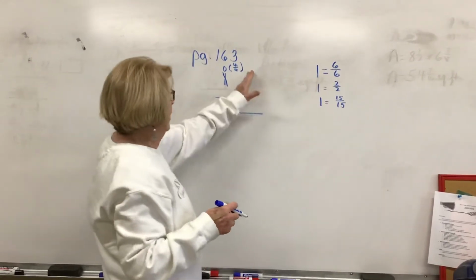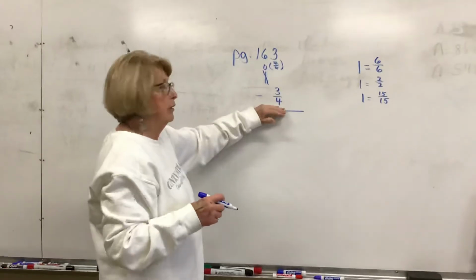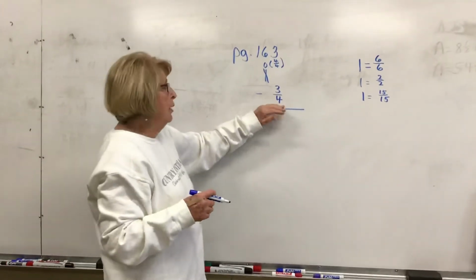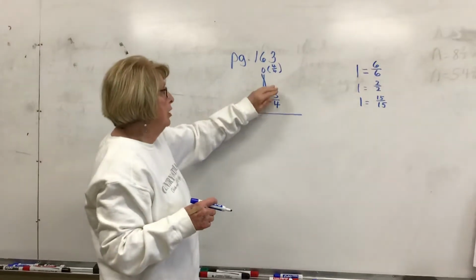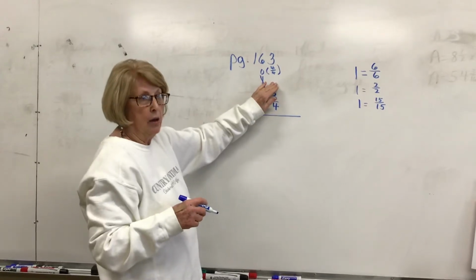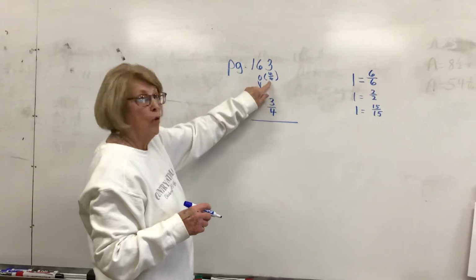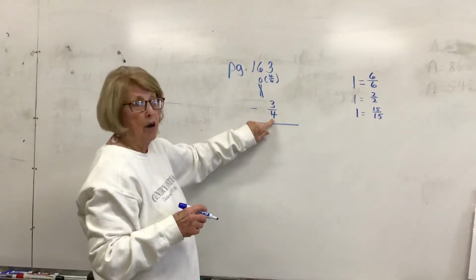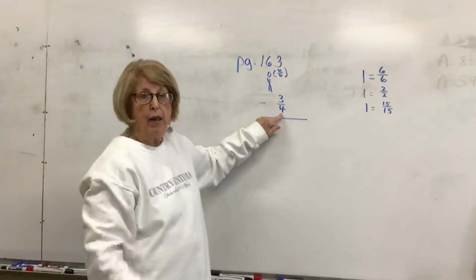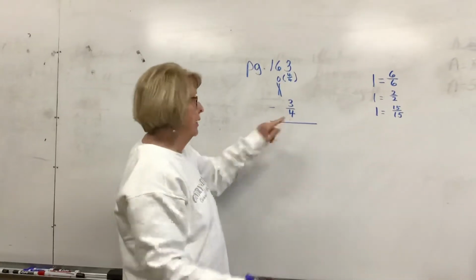Now, let's go back to our lesson. We wanted to take 3/4 away, but we can only take a fraction from a fraction. So I renamed that 1 whole as 4/4 simply because this is already fourths. Then I don't have to find a common denominator.